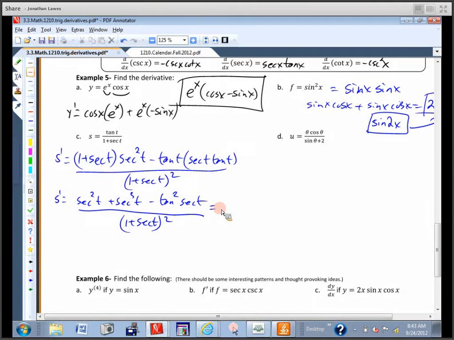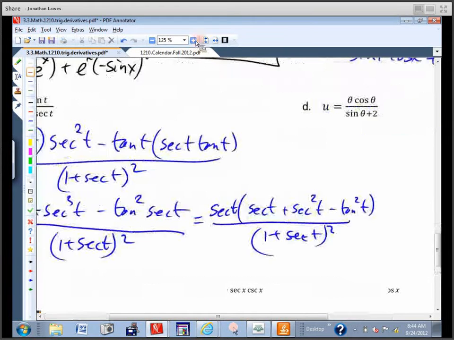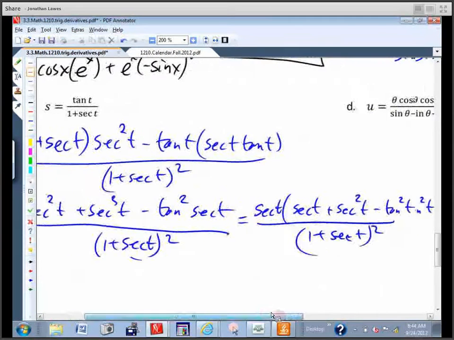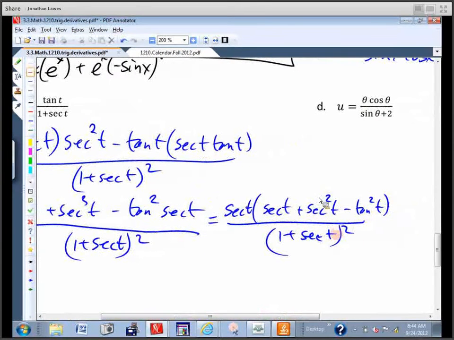What do they all have in common on the top? They all have a secant. So let's watch real careful. Secant, I'm left with a secant t plus secant squared minus tangent squared all over 1 plus secant quantity squared. Ideas here?